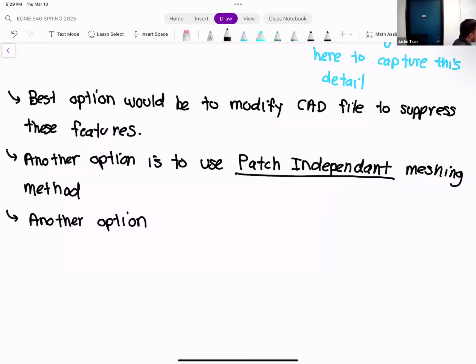Sometimes you'll have features on the surface of your model which aren't really there. They may just end up being artifacts from how the CAD model was developed.